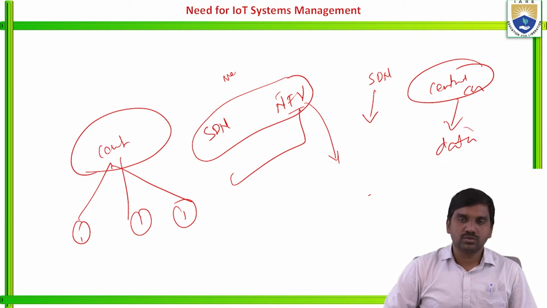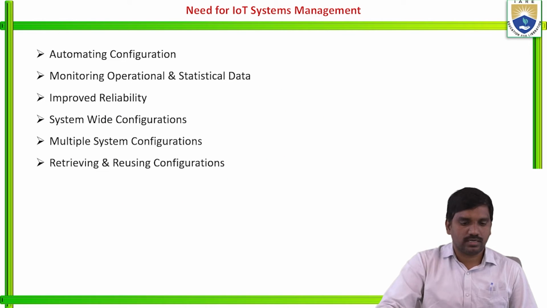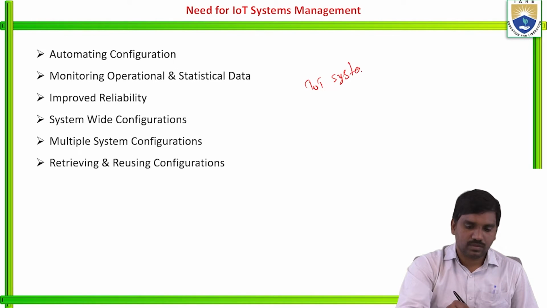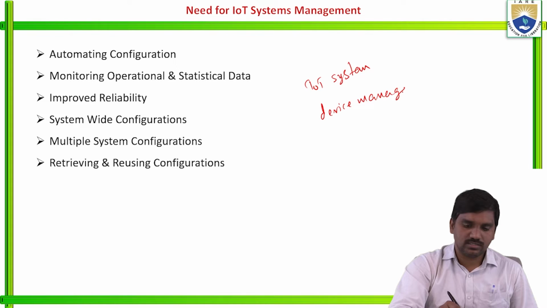Now I am going to talk about the need for IoT system management. After the difference between SDN and network function virtualization, the next topic is the need for IoT system management, that is, IoT system management or device management.